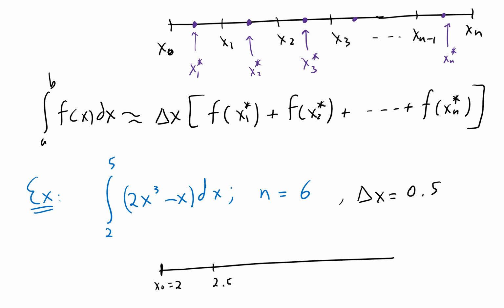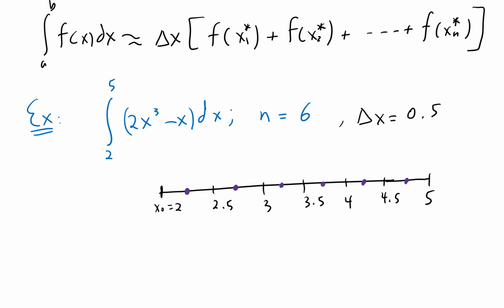So 2.5, 3, 3.5, 4, 4.5, to 5. We go to the midpoints of each one of them. To find the midpoint here, you average 2 and 2.5. So you add 2 plus 2.5 and divide that by 2. That's 2.25.